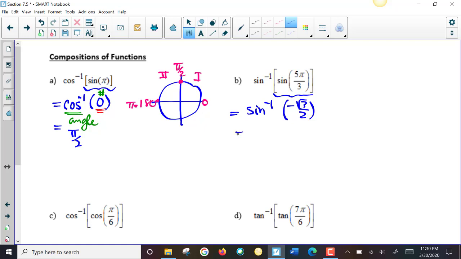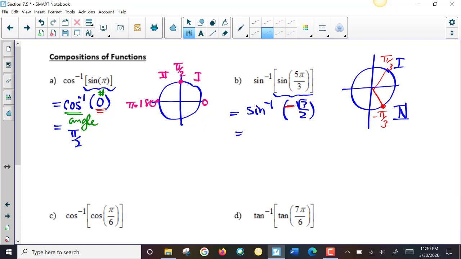So we're talking about an angle in quadrant 1 or quadrant 4 whose sine is negative square root of 3 over 2. Negative means we're talking quadrant 4. So it's going to be a pi over 3 reference angle. So it's going to be negative pi over 3.